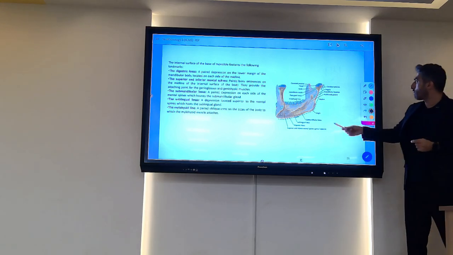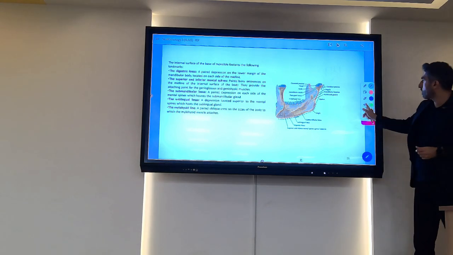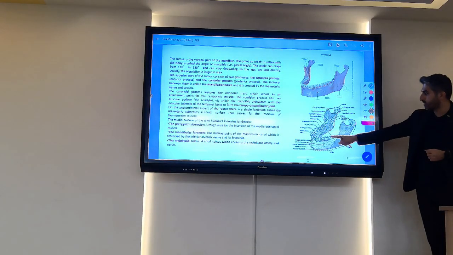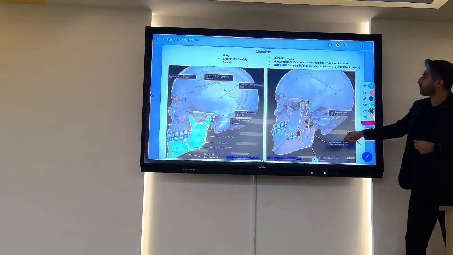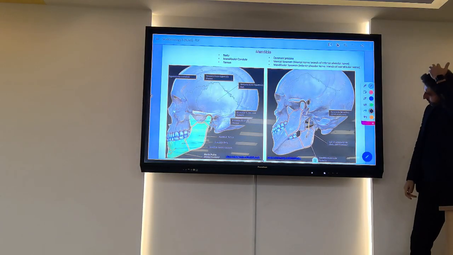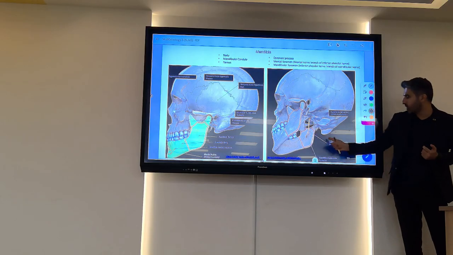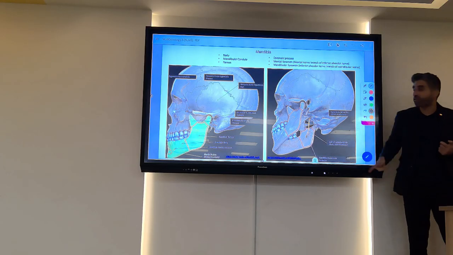So I told you about the foramen, canal, groove, lingula, and here the condyle. You can see the picture. Everything is obvious on the outside and the inside. You can read the lectures also. Look at the nerve: the mandibular nerve has a branch, the inferior alveolar nerve, which goes inside the canal for the lower teeth.